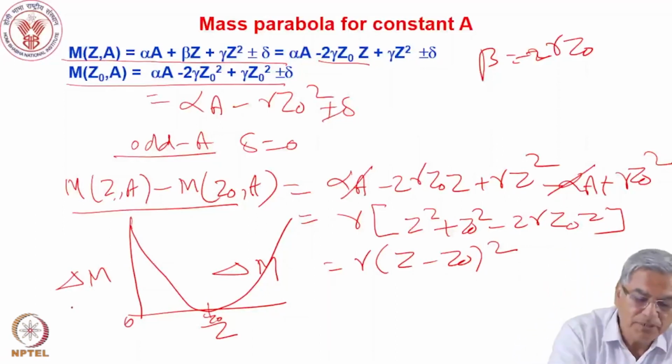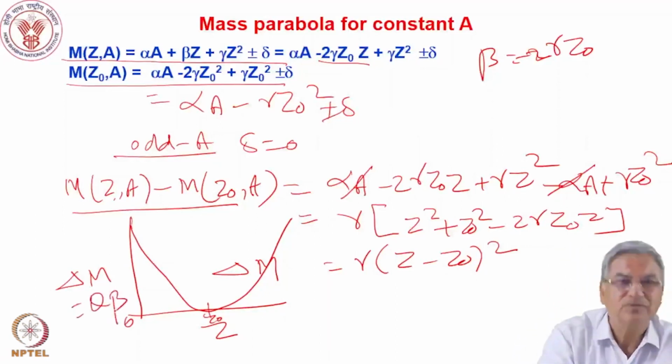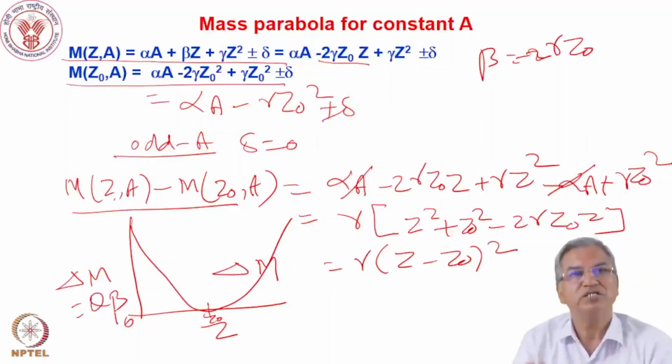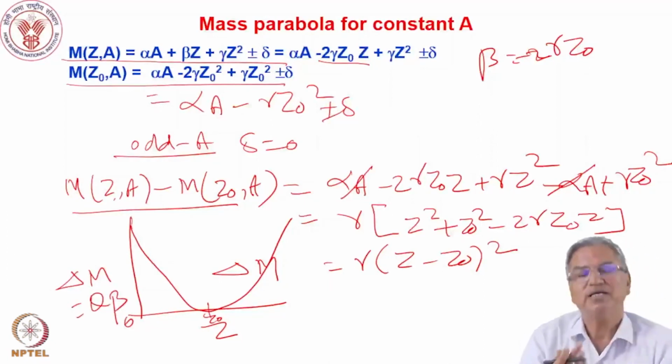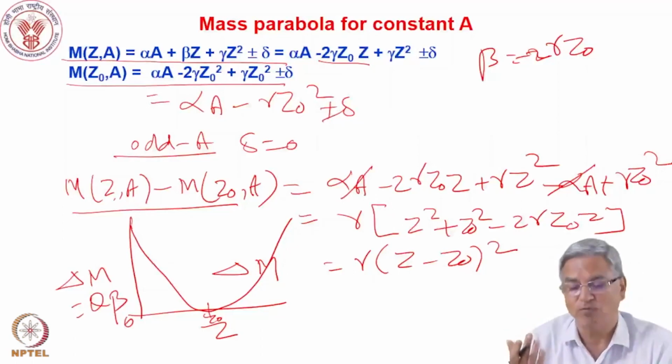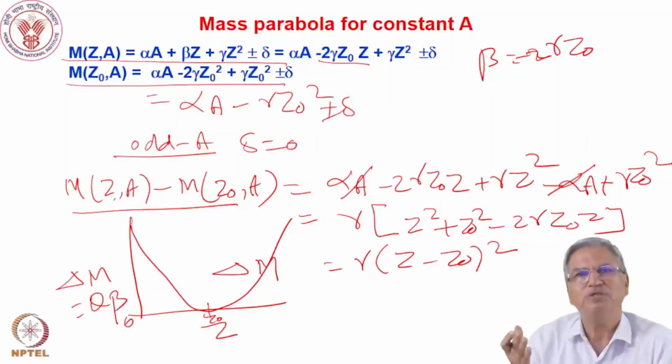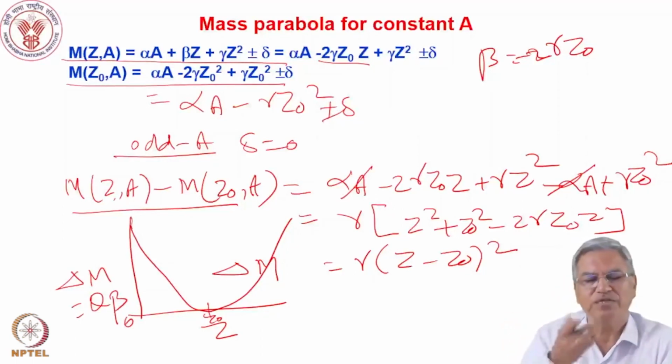This delta M is nothing but Q beta for isobaric chains. So this is what we mean by the mass parabola: the masses of the isobars of a beta decay chain fall on a parabola.